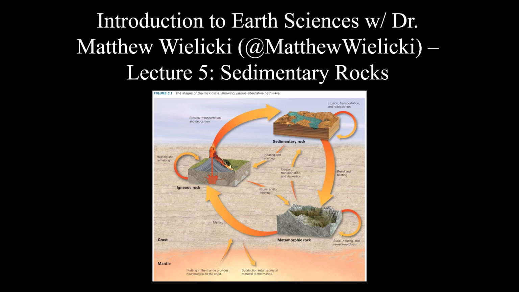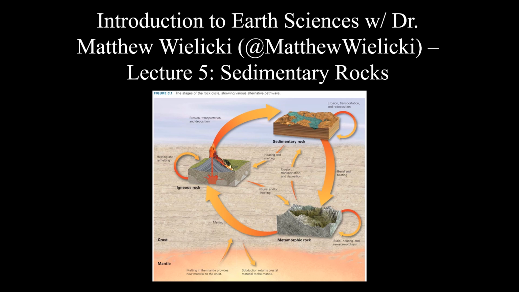Today we're going to talk a little more about what's happening near the surface of the Earth, because at the surface we have weathering, and that weathering promotes erosion, transportation, and deposition of sediment, little fragments of other rocks.